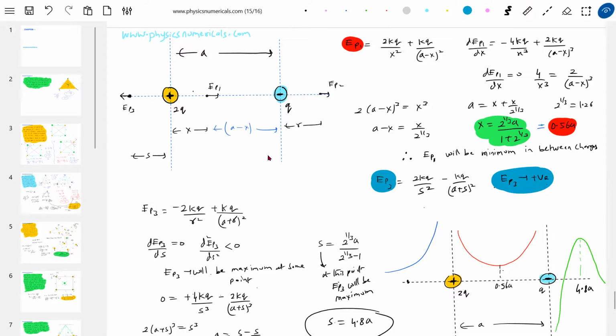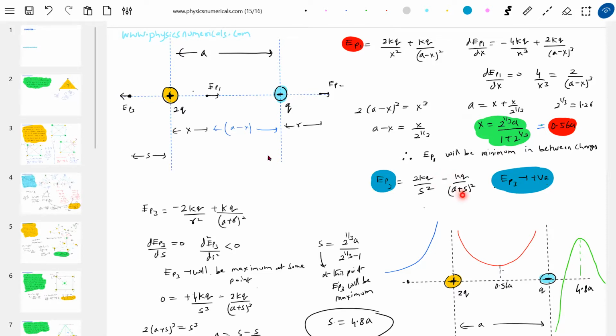What is the analysis here? Let me pick up a point P3 at a distance s from the positive charge 2q. What is the field strength? 2kq by s square will be towards the left due to the positive point charge. Due to the negative point charge, it will be towards the right. So I should take the vector sum, and therefore a negative sign will come. So kq times the expression.